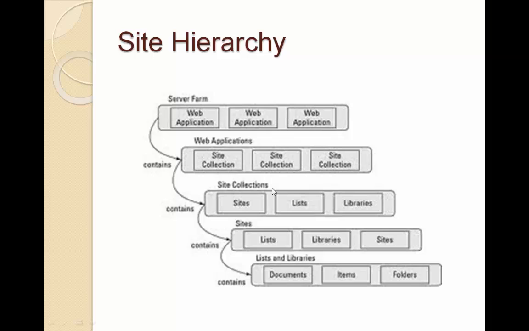It is the root level site or the top level site which you see when you go to the site collection. So what I see over here in the site collection, which has more sites and lists and libraries, is basically the top level site. And this top level site has several different sites underneath it, which can have several different sites and several different lists and libraries. And underneath this, there can be several different lists and libraries, items, folders underneath the list and library.